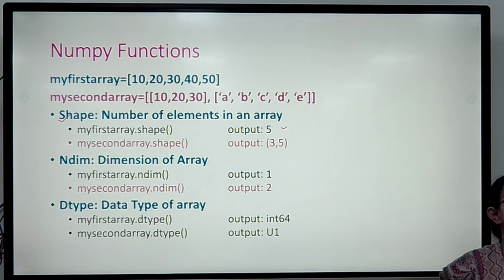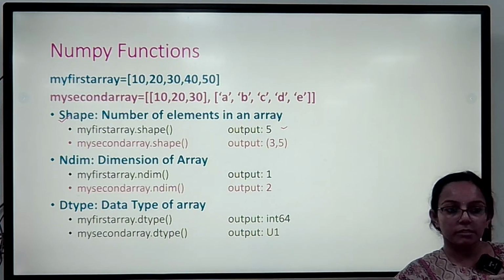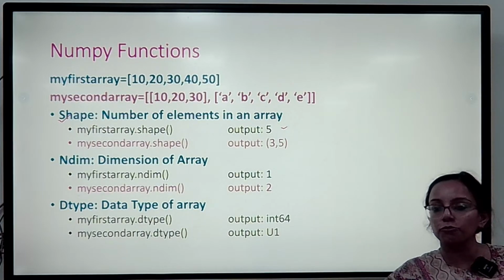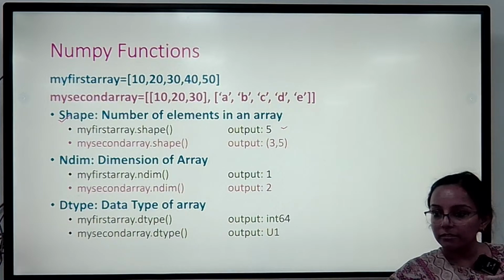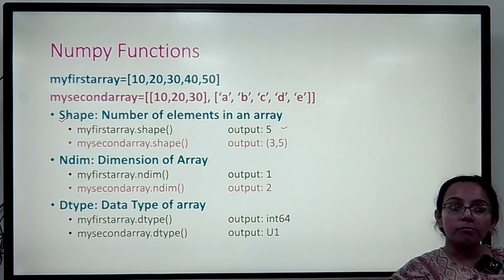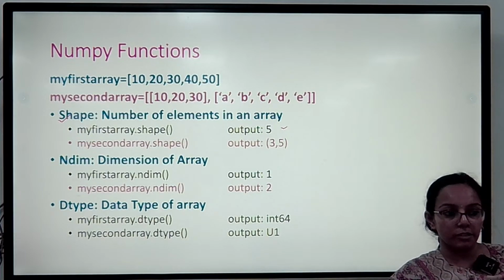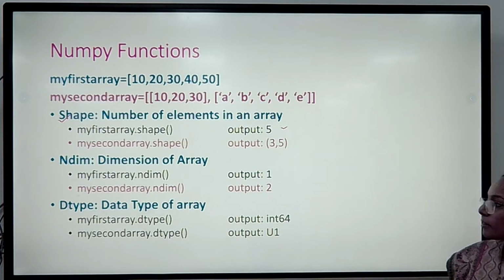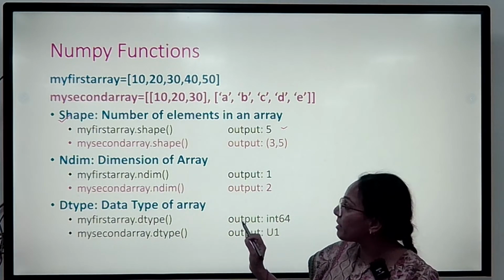Just like if you are making an array of cubes, or an array of rooms. In room 1 you are having length, breadth, height, 3 dimensions. Second room, length, breadth and height. So there are 3 dimensions for it. So ndim will give you the dimensions of an array.